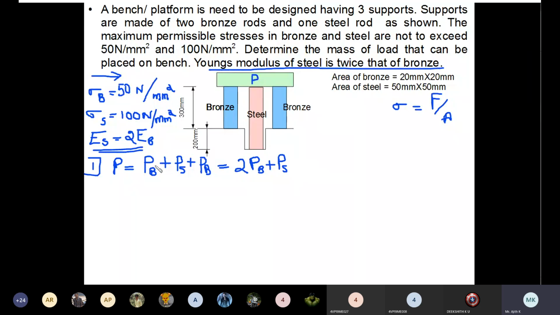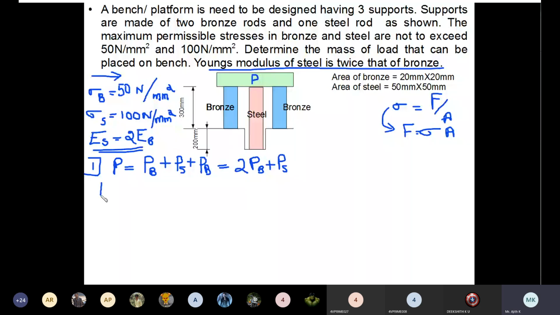This notation you can change. Therefore, from this equation, you will get F is equal to sigma into area.